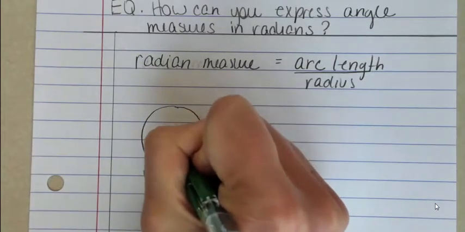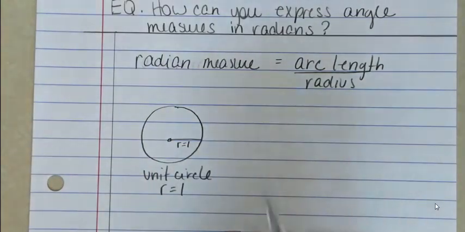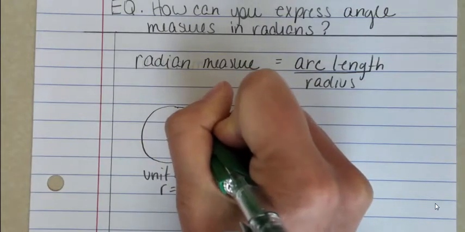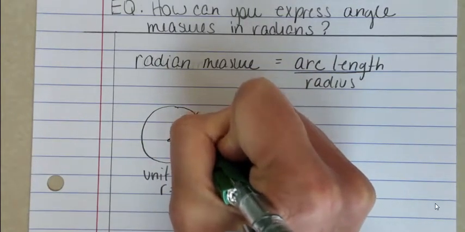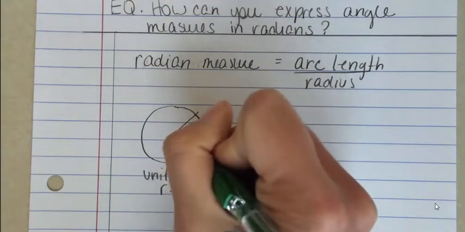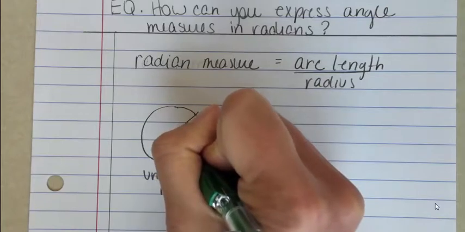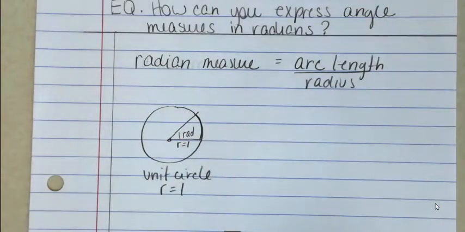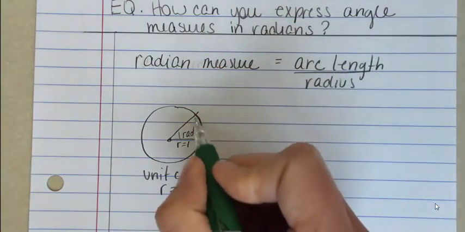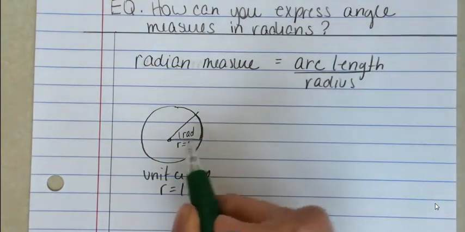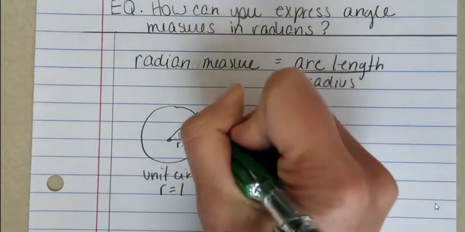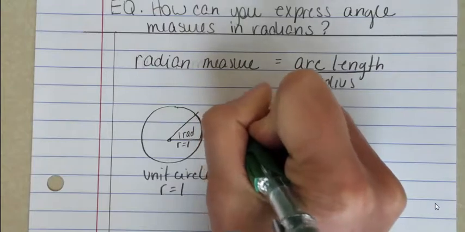So if I draw a radius of 1, and then I draw some angle, where this right here is the arc that is subtended by that angle, and I say, okay, I've got an angle of 1 radian. Well, the arc length, which we're wondering about, divided by the radius, is going to give us the radian measure, 1 radian. So that tells me then that my arc length must be 1 unit.